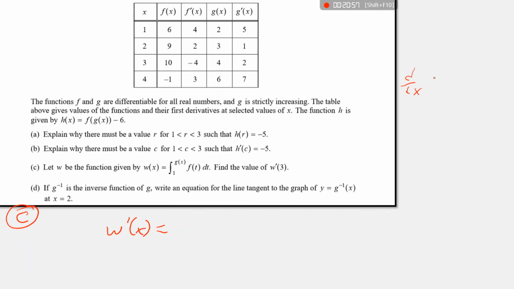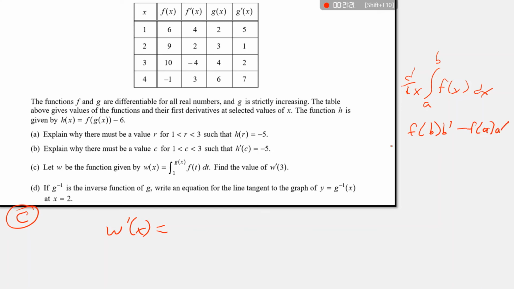If I derive the integral of f of x dx, what will happen? f of b times b prime minus f of a times a prime.